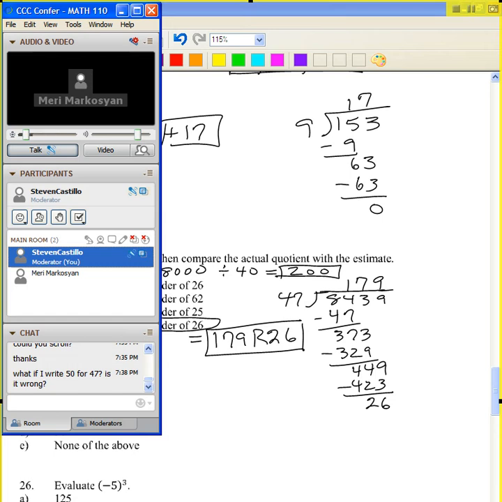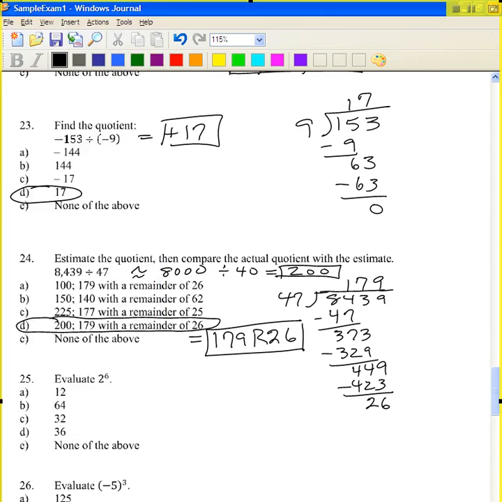Oh, 50. That would give you an estimate too, but with division, if you make one number bigger, then you should make the other number bigger also.